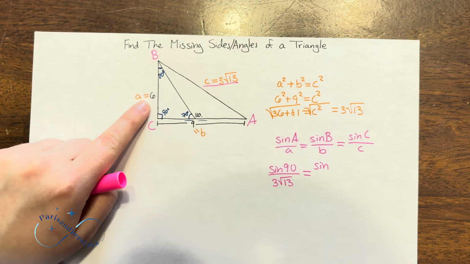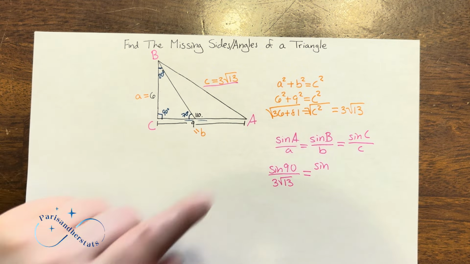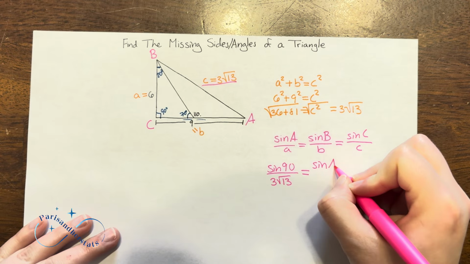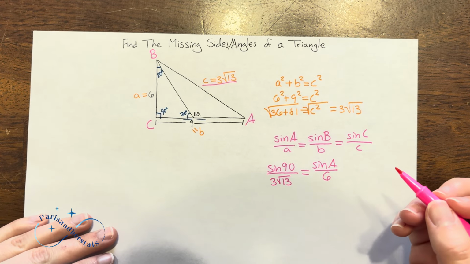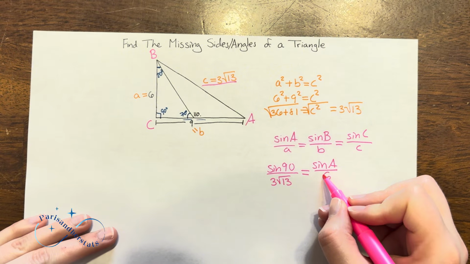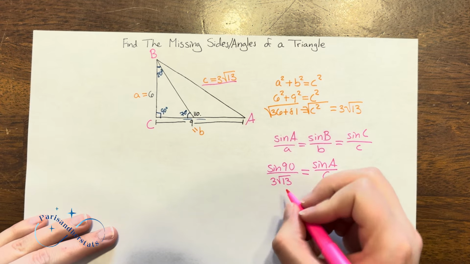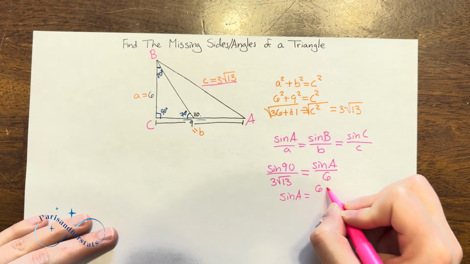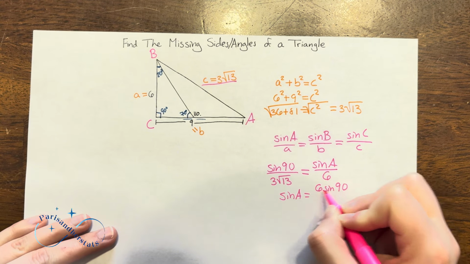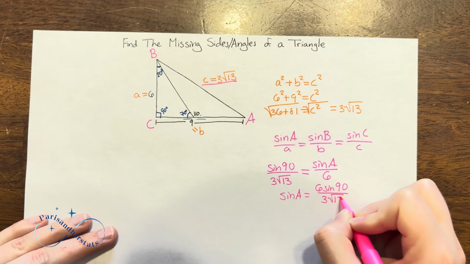Because we have been given this lovely side right here, I think I'm going to choose to find what the angle of A is going to be. That means sine A over 6. Using some simple algebraic manipulation, I'm going to multiply both sides by 6, move it over here, and end up with sine of A equals 6 sine 90 all over 3 root 13.